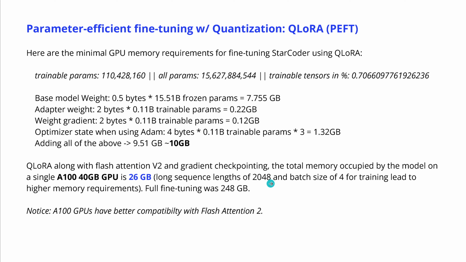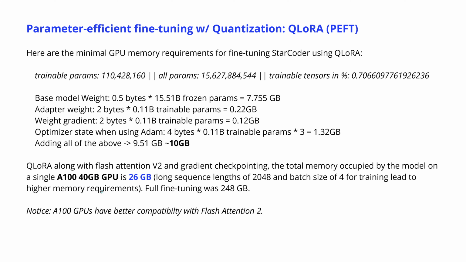A long sequence length of 2K and batch size of 4 for training leads to higher memory requirements. Remember, compared to the full fine-tuning VRAM, this was close to 250 gigabytes. Now we have only 26 gigabytes. This is great. Yes, I know, unfortunately, it does not fit on a 4090, but on a single A100 with 40 gigabytes. So this is really cheap.